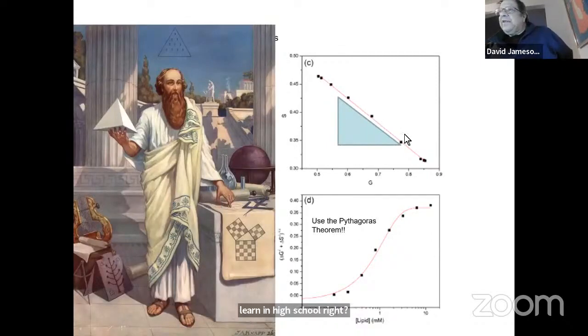Because it's the distance along this line, and we know the square of the hypotenuse is the sum of the squares of the other two sides. So that's the sum of the squares of the other two sides plotted against lipid concentration. You get a beautiful binding isotherm.